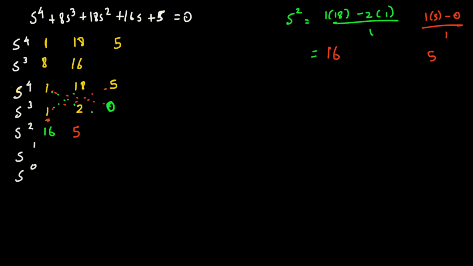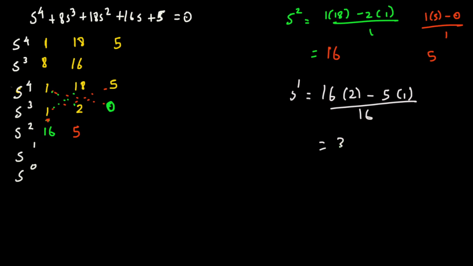Once we have done that, we go to the next one. Now for s^1, again the same thing: 16 times 2 minus 5 times 1, divided by 16.